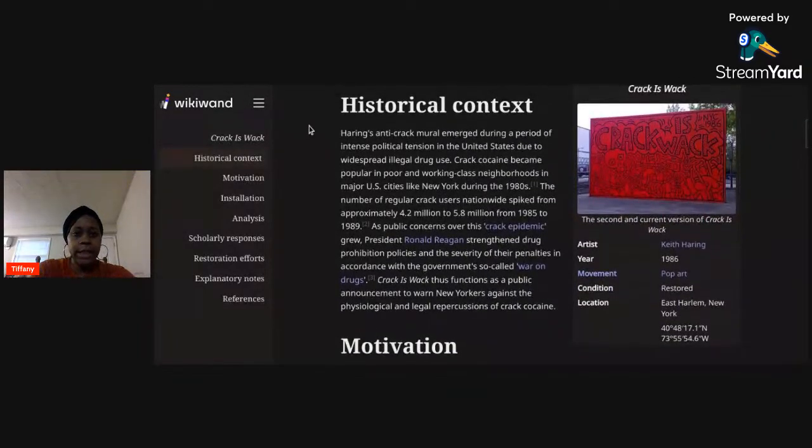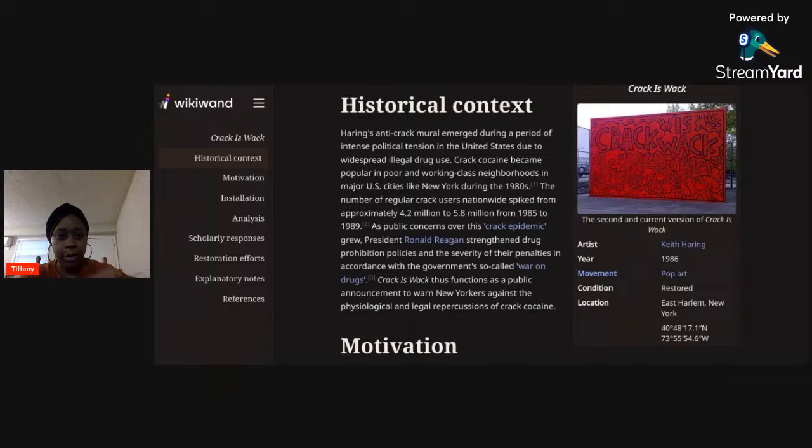And so it goes into historical context. Haring's anti-crack mural emerged during a period of intense political tension in the United States due to widespread illegal drug use. Crack cocaine became popular in poor and working class neighborhoods in major U.S. cities like New York during the 1980s.